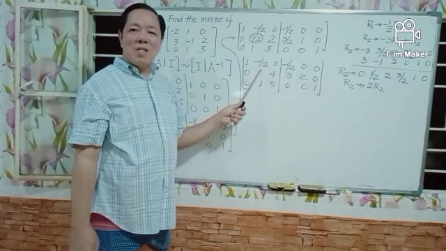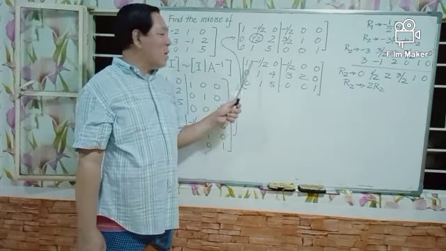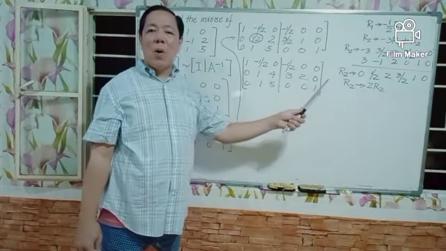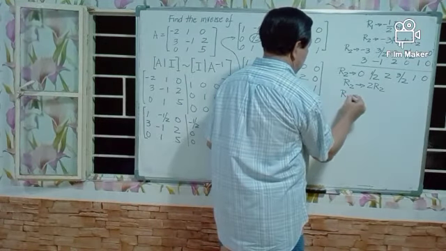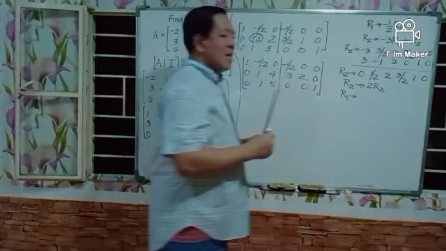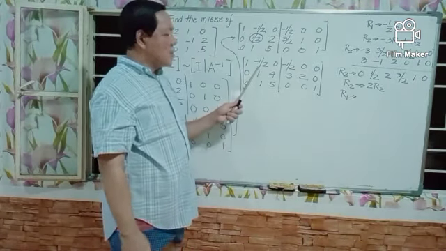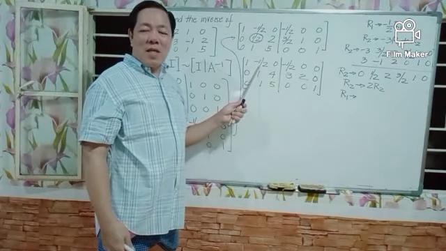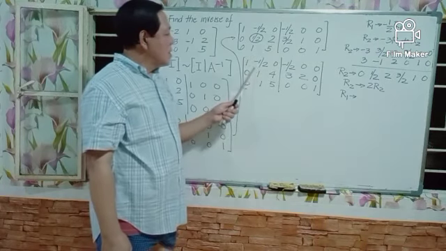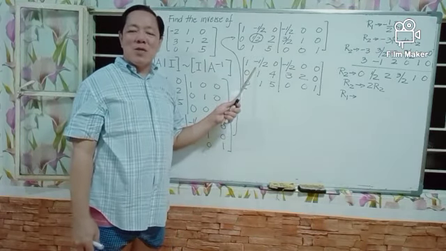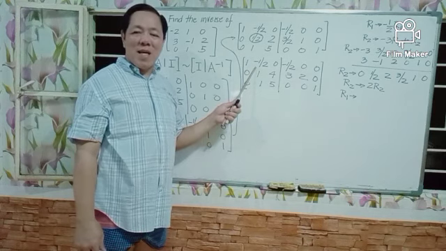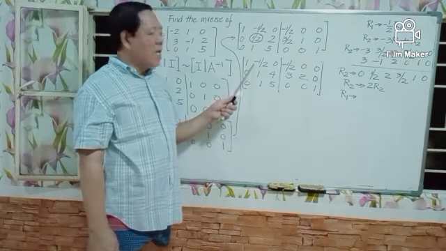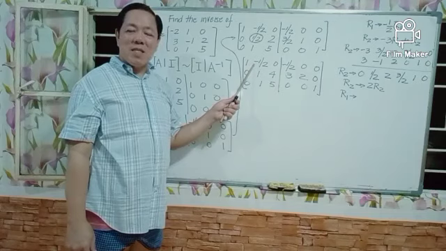If we are to change negative 1/2 to 0, we have to change all the entries of row 1. And the number to be changed to 0, we take its negative. The number to be changed to 0 is negative 1/2. We take its negative, or we multiply it by negative 1. So 1/2, take its negative, is positive 1/2.